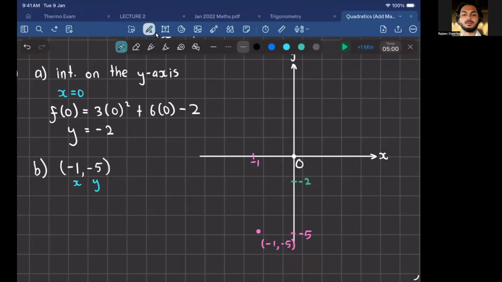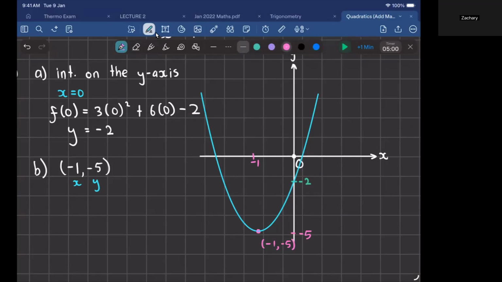So now I'm going to draw my graph, and this is what it's going to look like. All right, don't laugh at me. Okay, do you understand that? Yes, sir. Okay, good. Avinash, you understand that? Yes, sir.